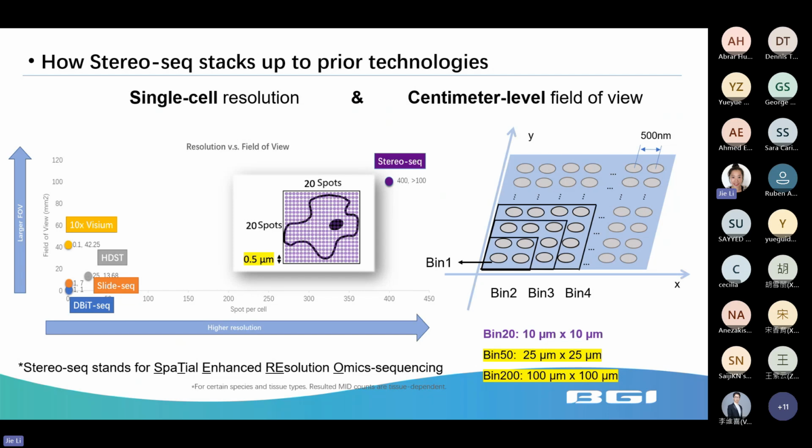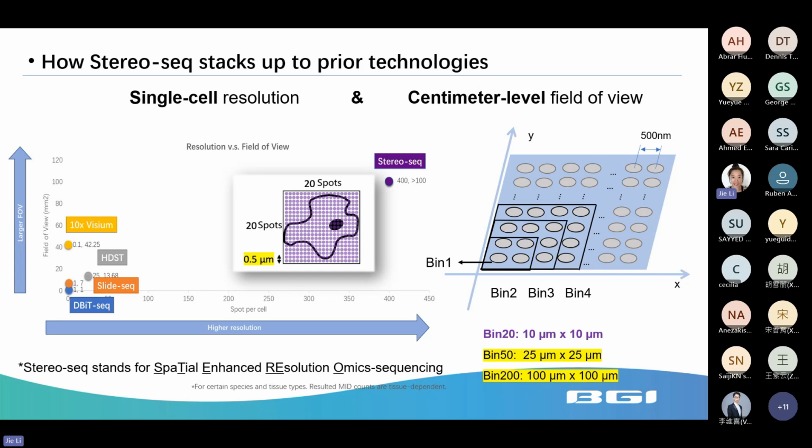But in Stereo-seq, our spot diameter is around 220 nanometers, so in total there are 400 spots under one cell. That's around 600 times difference between the technologies' resolution.